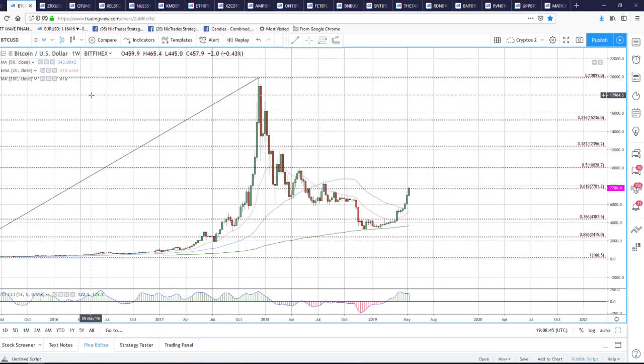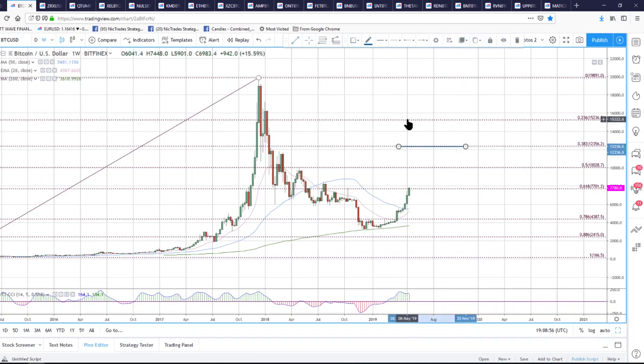So for me, I think that we've got 9,000 next, but really my target is 12,350 next minimum. And we may extend to 15,200. I can't believe I'm saying these numbers at this point, but we are a little bit stretched and we are quite a long way from the moving averages.